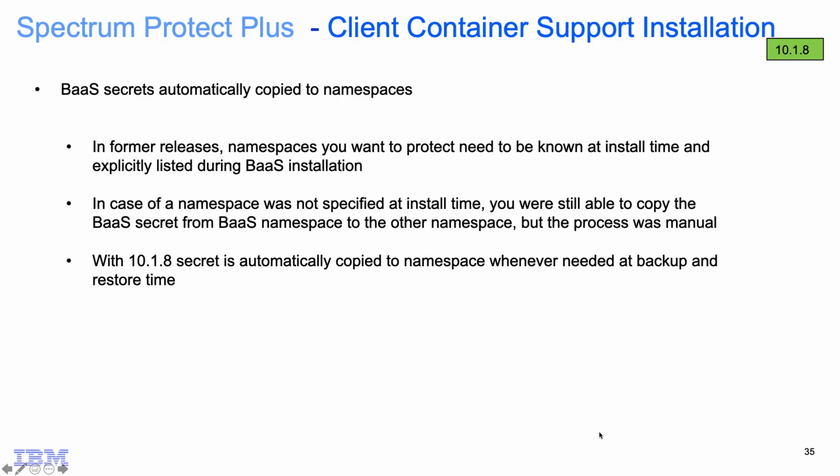Beginning in version 10.1.8, we now do that for you. So you do not have to even consider that when you set up the backup as a service container support.